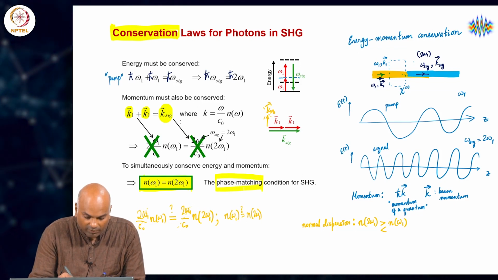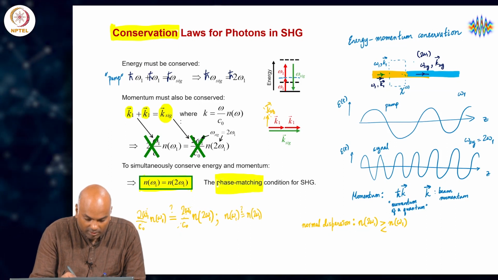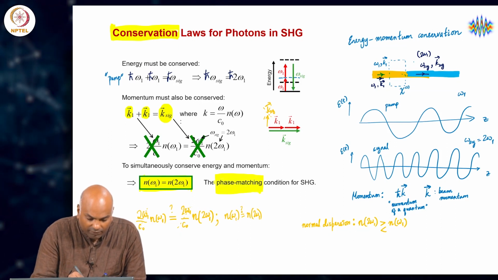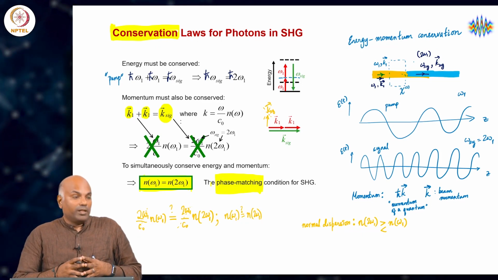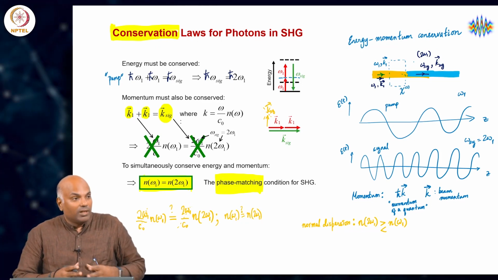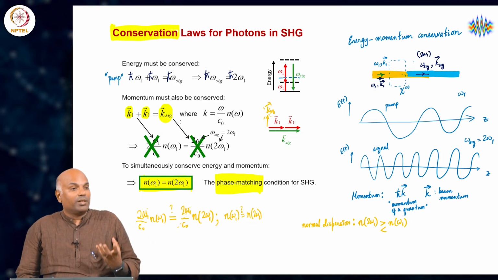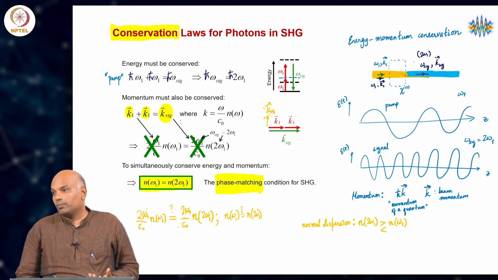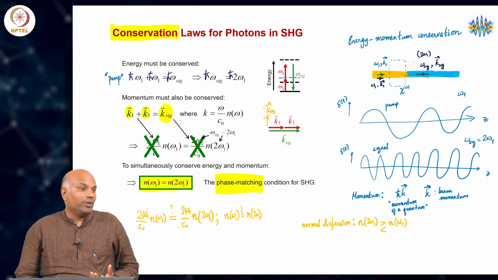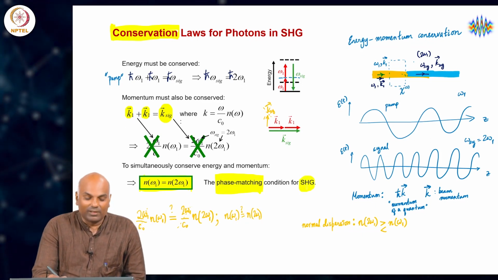phase matching. Why phase matching? Because refractive index is phase modification. So, if this condition were to be somehow achieved, we would have achieved phase matching, the condition necessary to observe the second harmonic. But how do we do this? Otherwise, it is like interference.